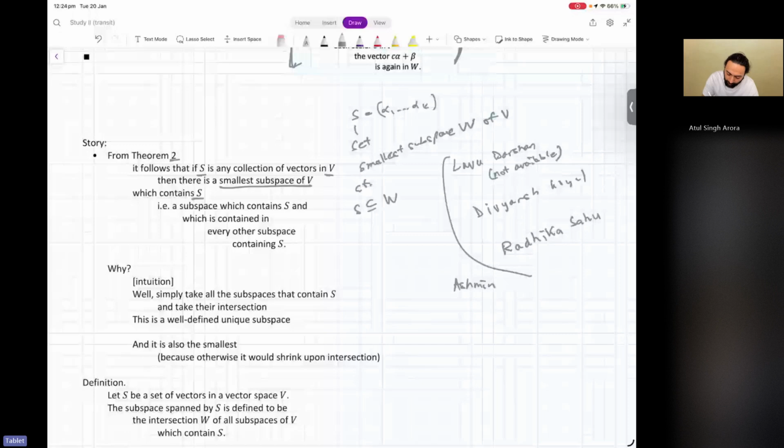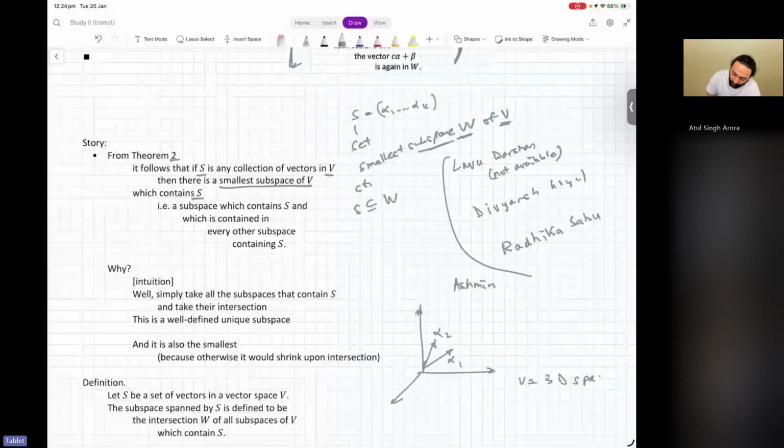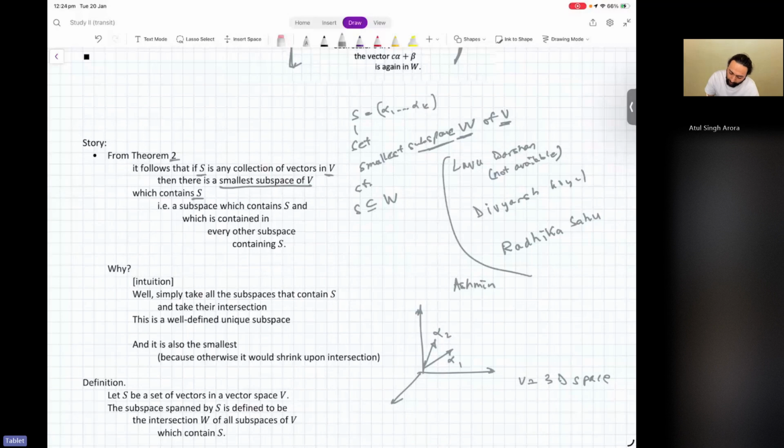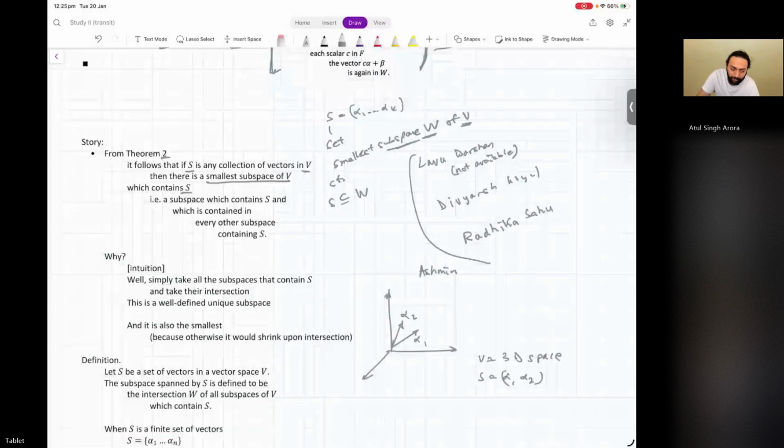And you have, say, two vectors, alpha1, alpha2, and now you're asking what is the smallest subspace W of this vector space V. So V is, for example, 3D space, and S is alpha1, alpha2. So you have two vectors, and now you're asking what is the smallest subspace.